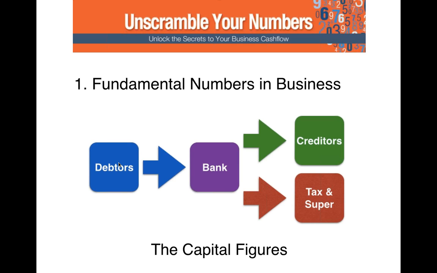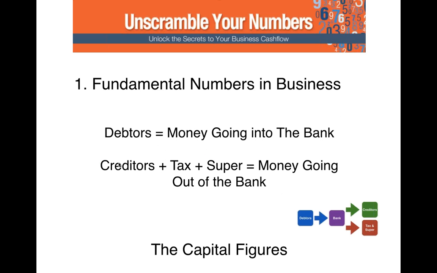So you have the income and expense figures, and then your balance sheet figures, which are principally your debtors less your creditors, and tax and super, giving you whatever's going in and out of the bank account. Again, debtors is money going into the account, and creditors and tax and super is money going out of the bank account.